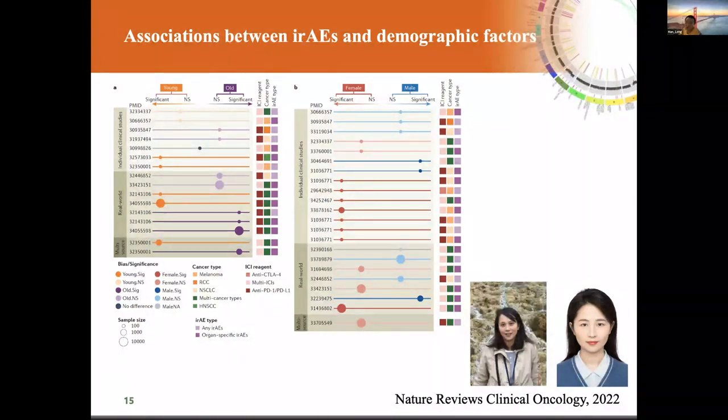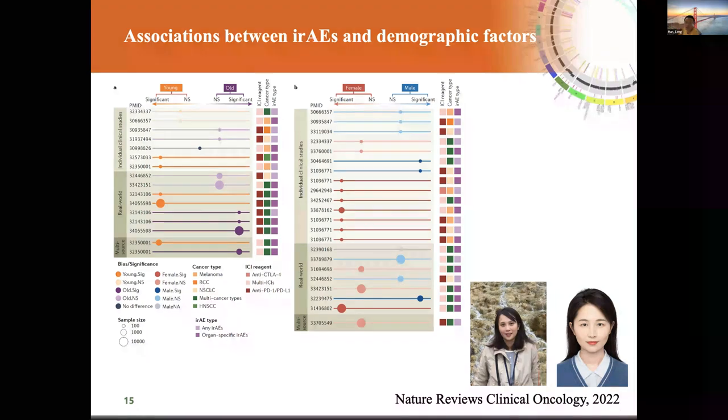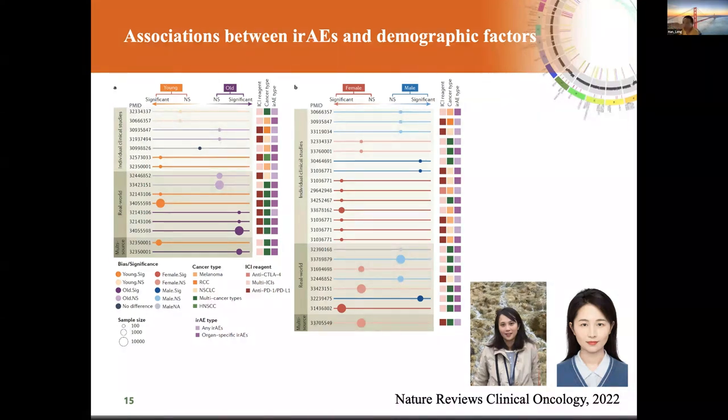This also depends on what kind of immune-related adverse events we're talking about. So this is still an ongoing direction, and a lot of effort is needed to understand what key factors affect the RE.